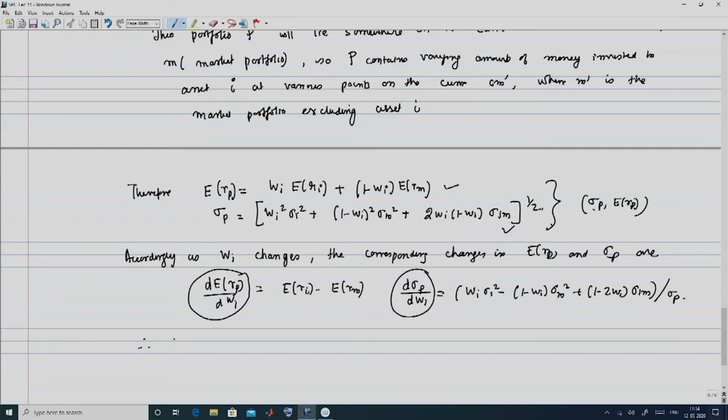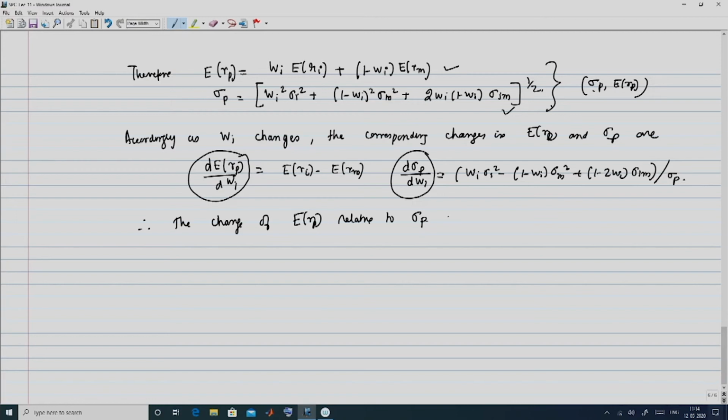Therefore, the change of E R P relative to sigma P, that means the slope of this in the sigma P, E R P curve, is given by d E R P over d sigma P. This can be written as d E R P d W I with respect to d sigma P d W I, and this will be E R I minus E R M from here, and this term will be in the denominator.